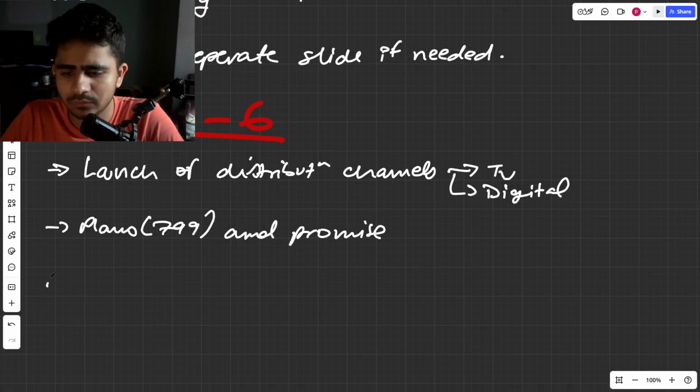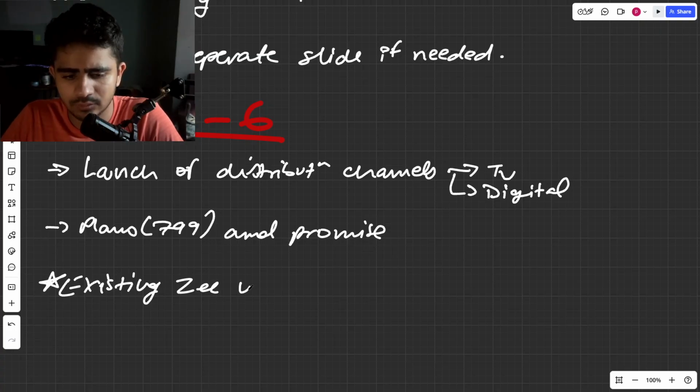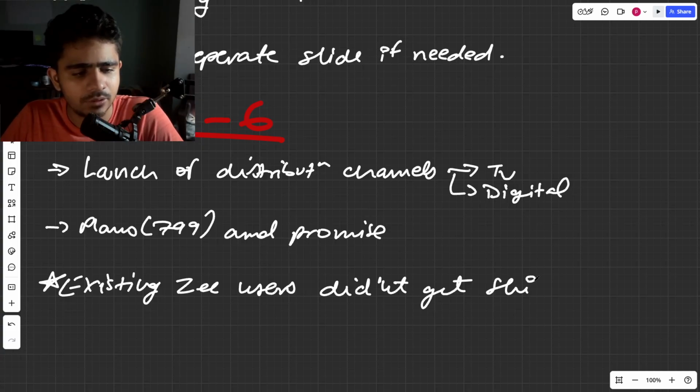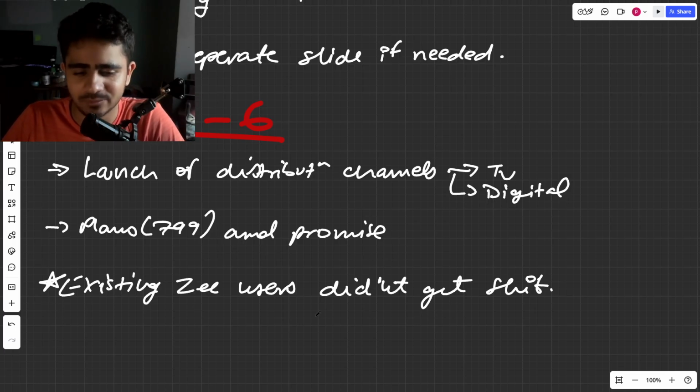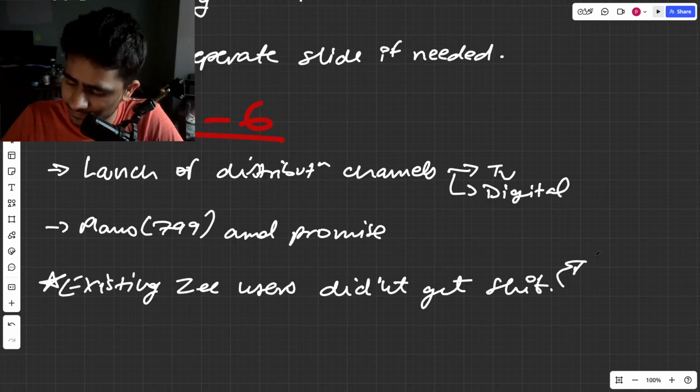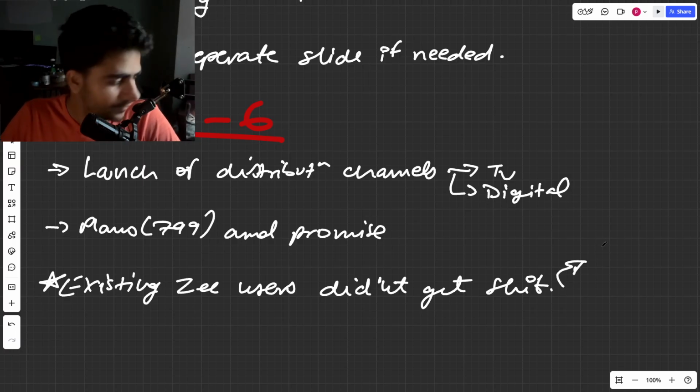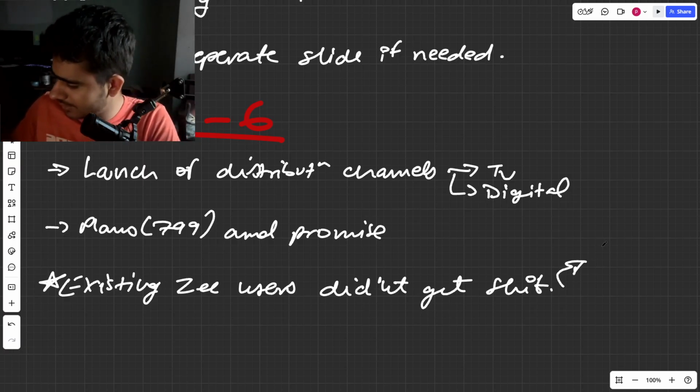And it's key to focus here that existing Z users didn't get anything. It's very key to focus here, which was a big, you know, what is the term? I forgot the term.